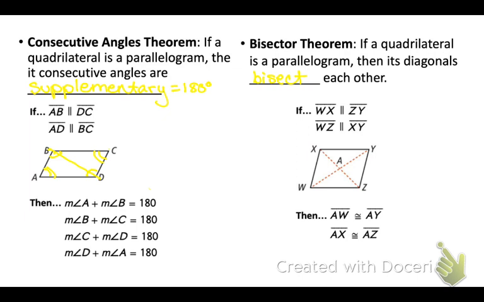When they meet, what do they break it up into? Half. Now, this does not say the diagonals are congruent. It says that they bisect each other, right? So each piece is congruent to its opposite side. Does that make clear what I'm saying? Okay. We can't assume anything that's not true.